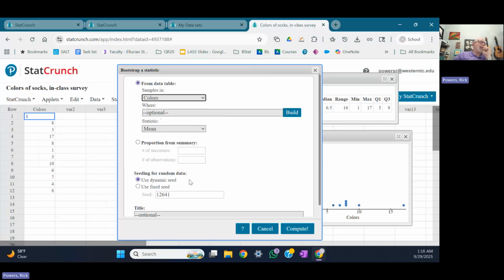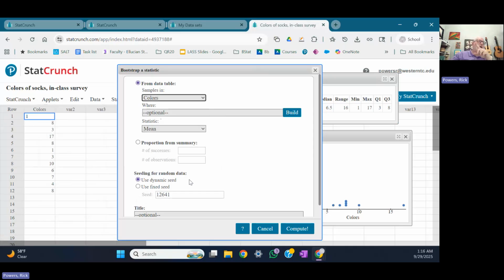Now, down here where it says seeding for random data, this is a computer science term where the computer has to actually start by doing some number in order to create randomness. And it's a very strange computerized thing. But if we use the dynamic seed, then we're just going to get something that looks random. And if we use dynamic seed next time, it'll be different.